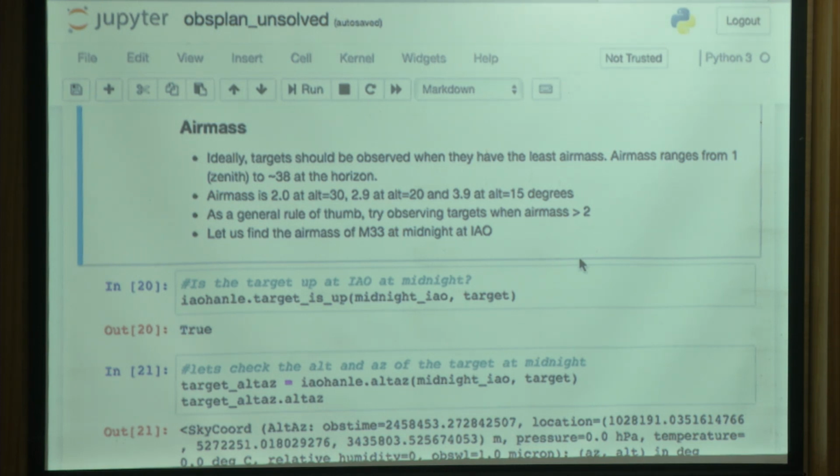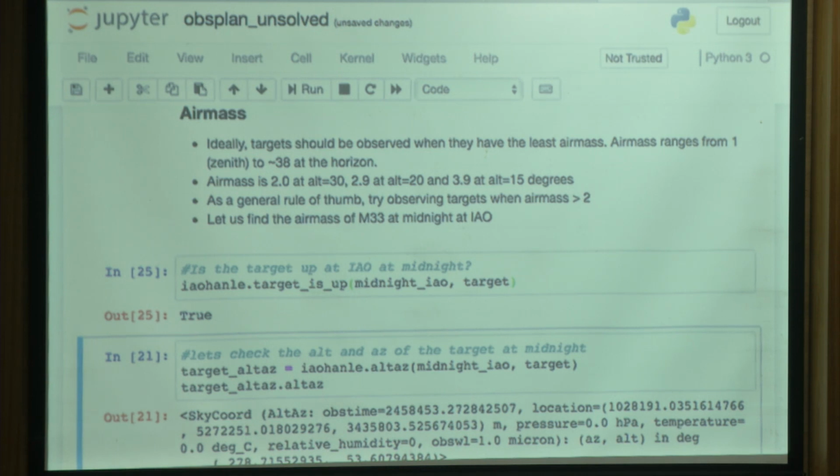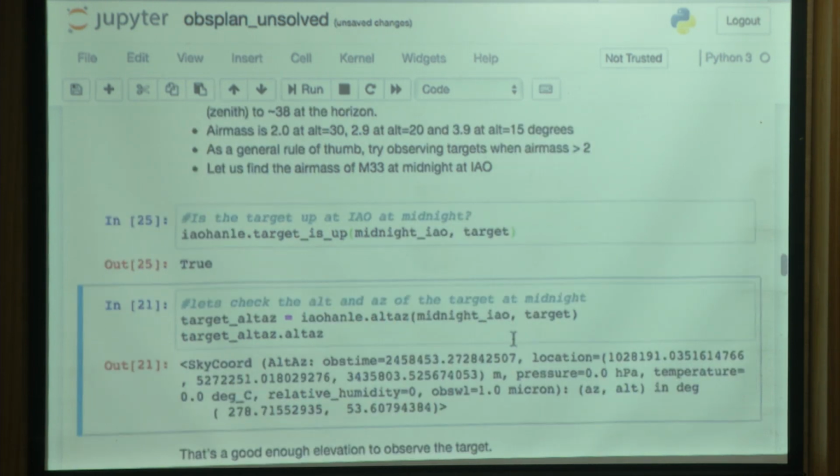So now let us find the air mass of M33 or whatever your favorite source is. So our target right now is M33. So let us find, well, first of all, is the target up? So that is true. So great. At midnight, M33 is available.